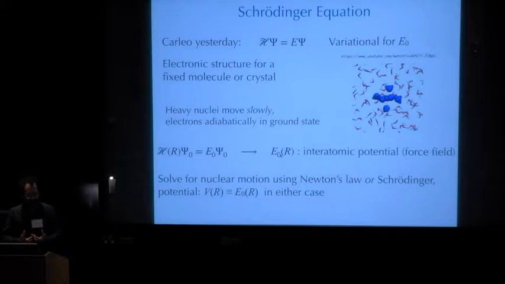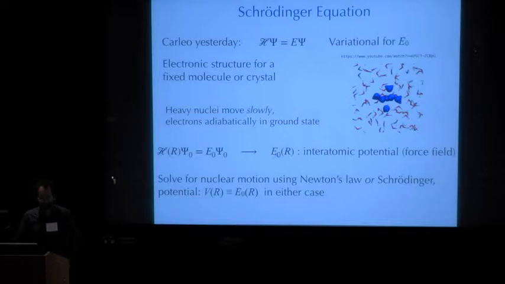So the quantum problem is in there, hidden in the value of this function, E0, as a function of R. But almost all the time, we're not actually interested in what the electrons do. We're interested in the whole material and how the atoms explore this potential energy landscape.